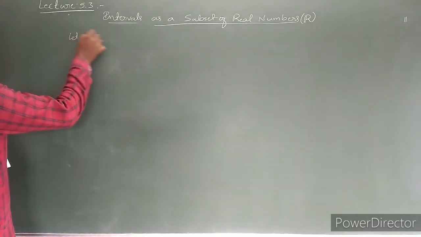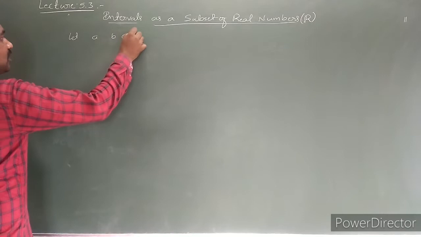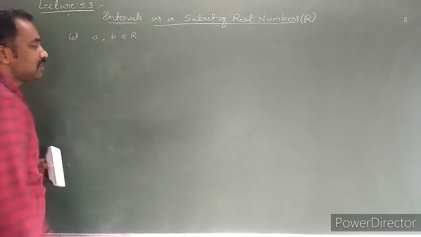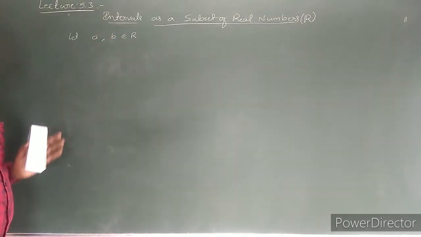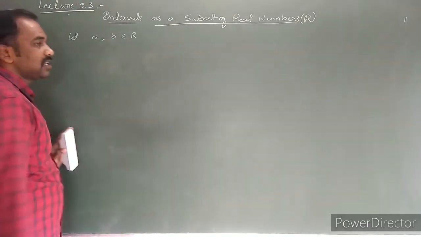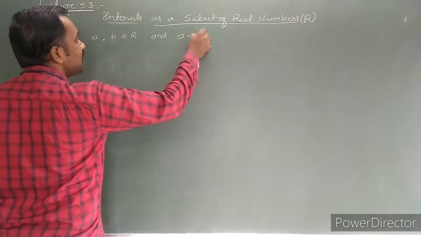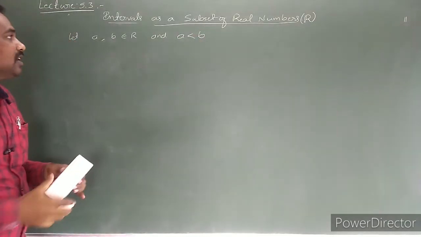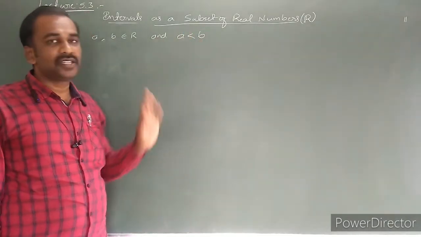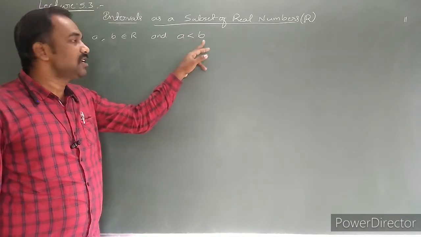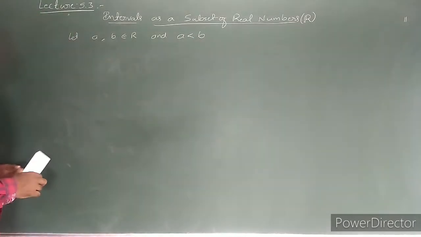Suppose a and b are any two real numbers, with the condition that a must be less than b, so b is the larger one.